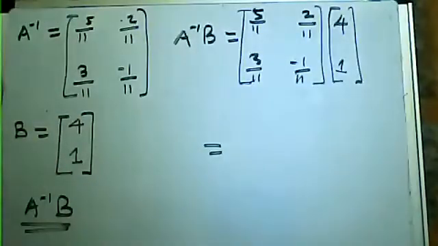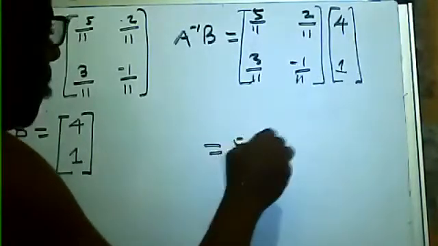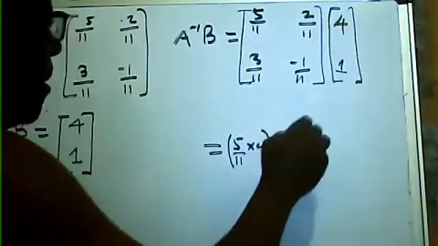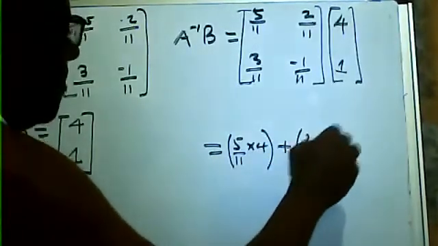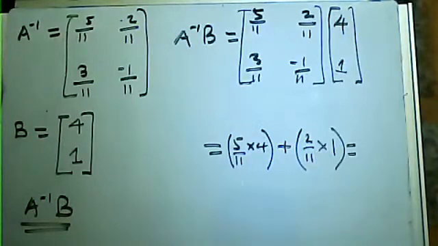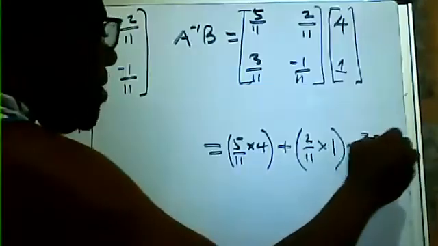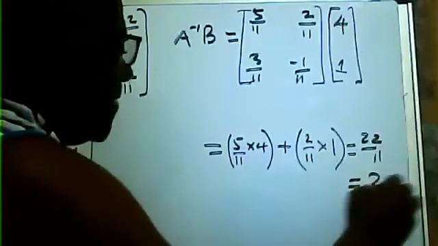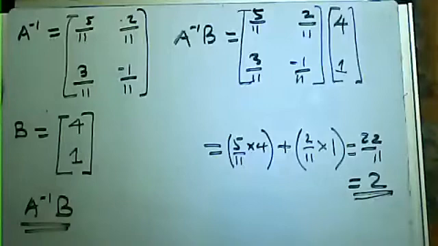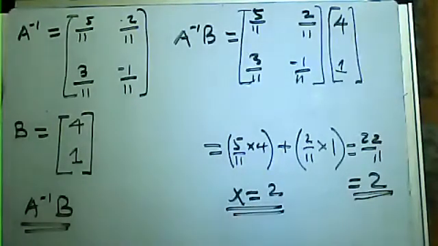What do we get? Row by column. 5 over 11 multiplied by 4 plus 2 over 11 multiplied by 1. What does this give us? 5 times 4, 20. 2 times 1, 2. 2 plus 20, 22 over 11, which gives us what? 2. Okay? Yes, sir. So that means that our x is equal to 2.